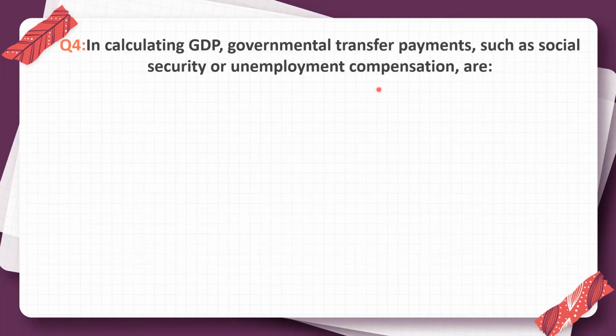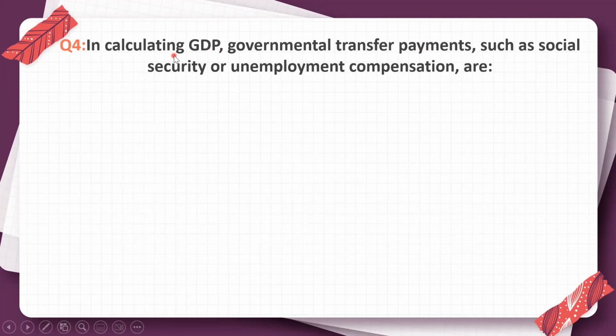But when we come to calculate the GDP, guys, we can't put the governmental transfer payments in the GDP. Why? Because they are transfer payments. We can't include them in the gross domestic product.